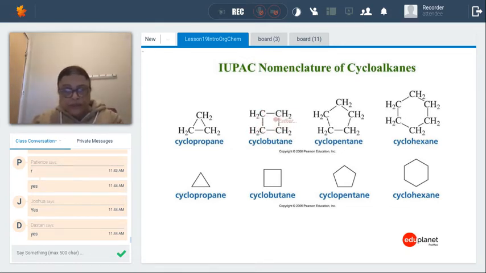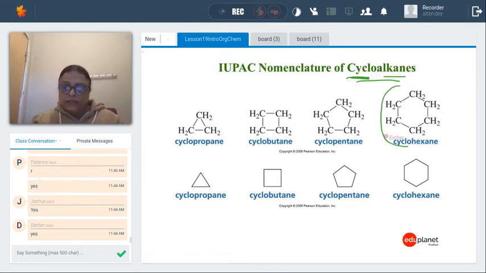You see, there is no open chain. When we look and we see something like this, we add the prefix cyclo. So I look at the chain, I see there are no double bonds. This is an alkane, but because it is in a ring, I call this cycloalkane.